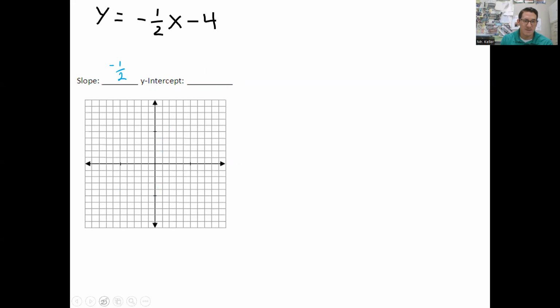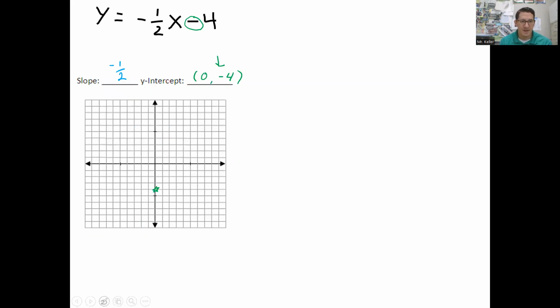The y-intercept, since it's negative 4, means the y-intercept is going to be at negative 4. So when this is negative, right, this is negative down here. What that means, my starting point is at 0, negative 4. So that's 0 in the x direction. Negative 4 means down 4 in the y direction. And put my green star at the starting point.